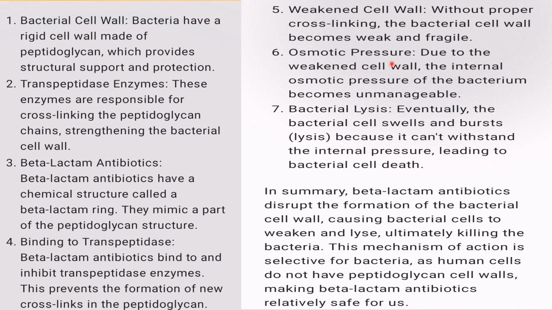Due to the weakened cell wall, the internal osmotic pressure of the bacteria becomes unmanageable, and eventually the bacterial cell swells and bursts. That is called lysis, and due to the internal pressure, the bacterial cell dies. This is all about the mechanism of the beta-lactam drugs.